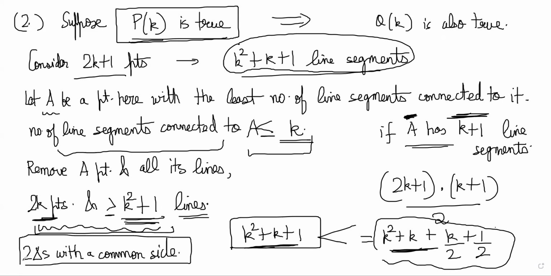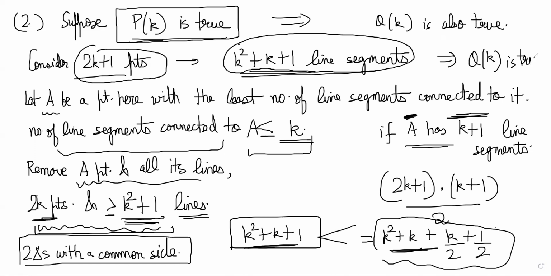So basically what we have shown is that in this situation, when we took 2k plus 1 points and k square plus k plus 1 line segments, even there, when we removed A, we got the P of k thing, right? So Q of k is now coming out to be true. Q of k was to prove that when we have this situation, we will have two triangles with a common side.